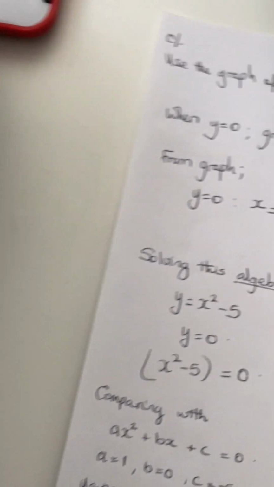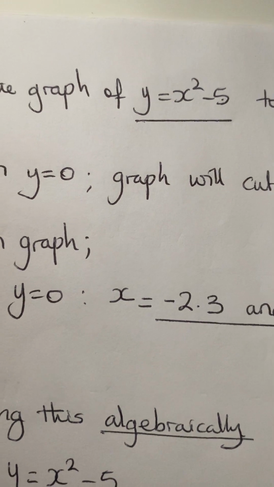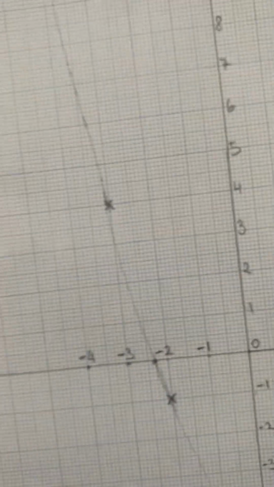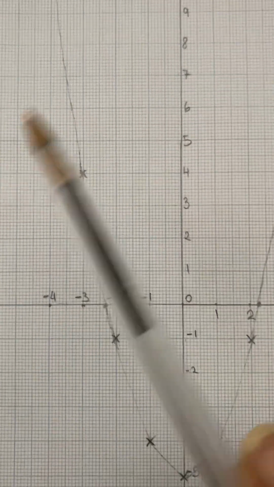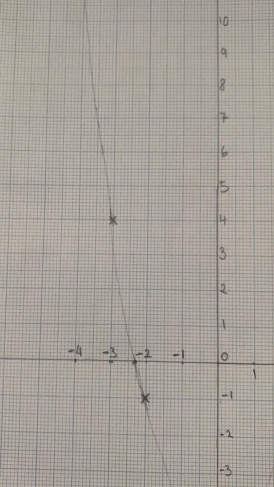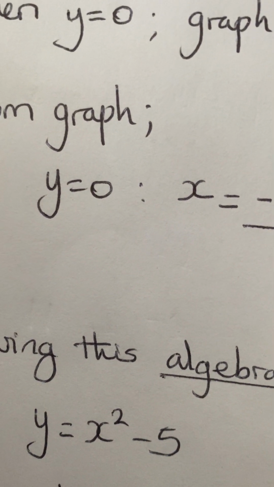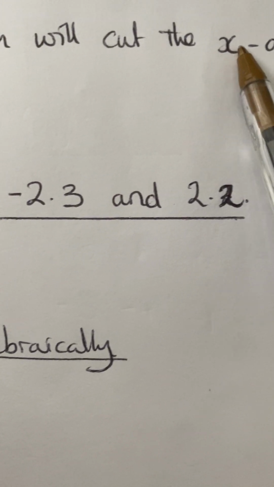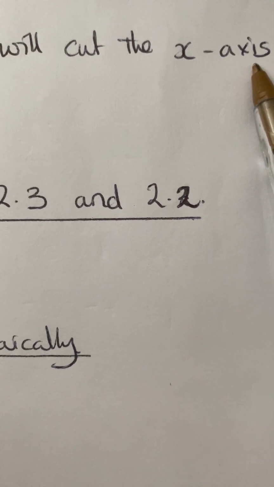Now let's look at the third part of this equation. So now use your graph of y equals x squared minus 5. So now we are going to use this graph. Don't use anything else. If the question says use the graph, use the graph to write down the values of x when y is 0. Now when y is 0, the graph will cut the x-axis.